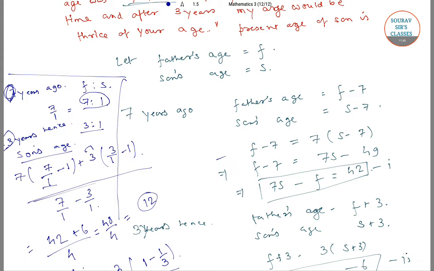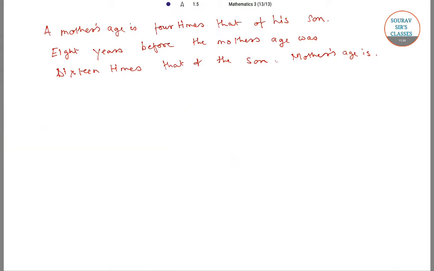it in this formula. Now in the next question we have to find the age of mother, where presently mother's age is 4 times that of his son, and 8 years ago mother's age was 16 times that of his son.